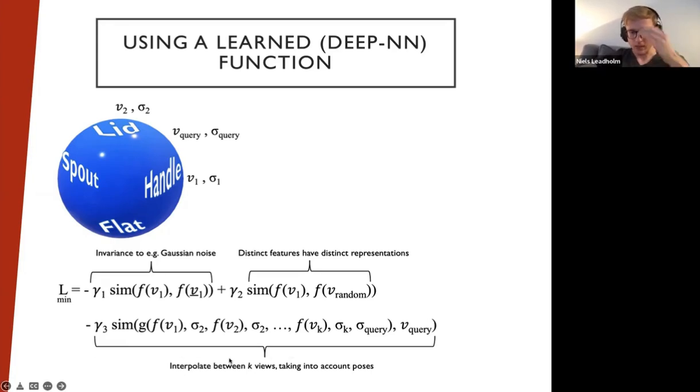And then the last one is the key one for interpolation, which is where you have this other neural network sitting on top of the first one. It takes these transformed features as well as their poses, potentially taking an arbitrary number, depending on how many you have to work with, so up to k representations, and then the query point, and you want it to give you what you are going to see at that viewpoint.